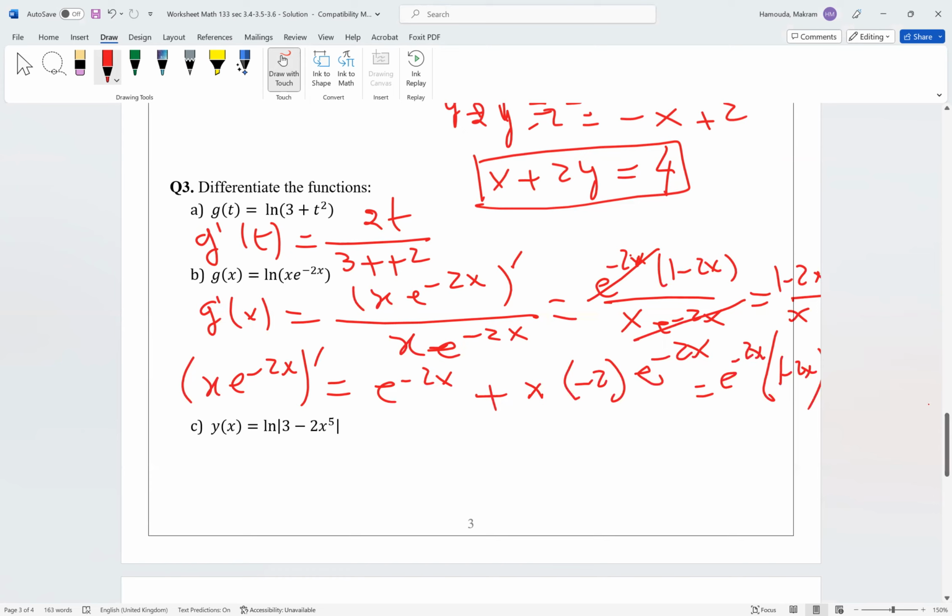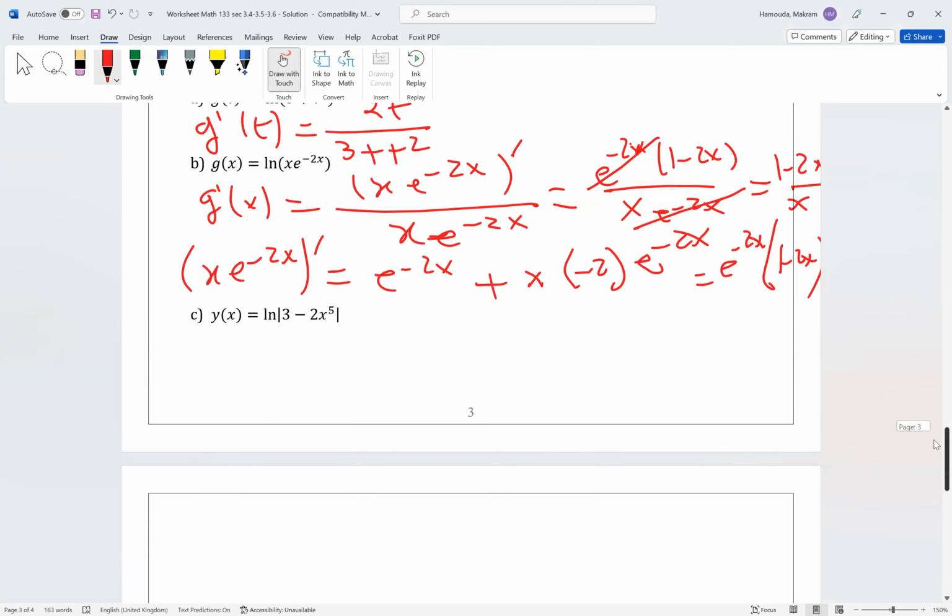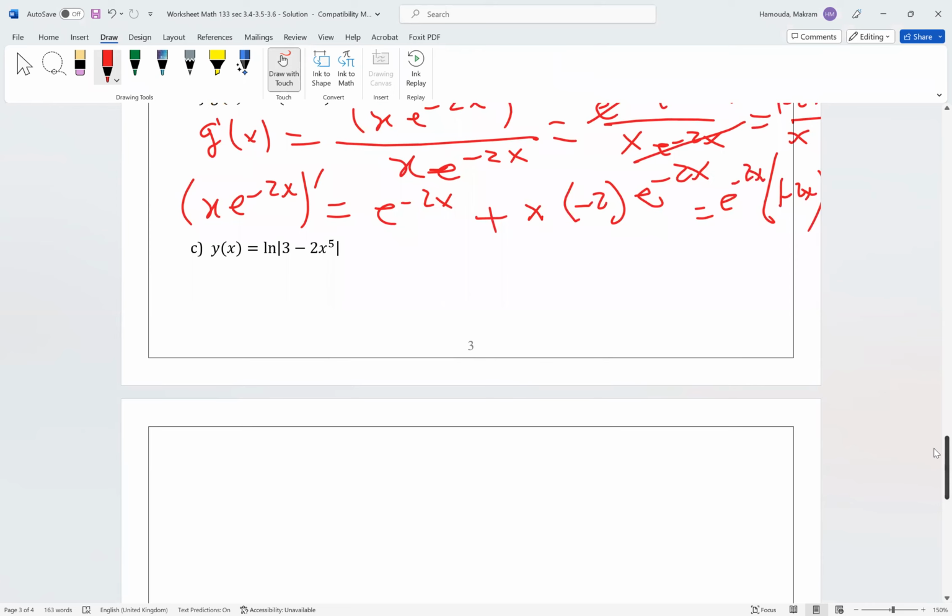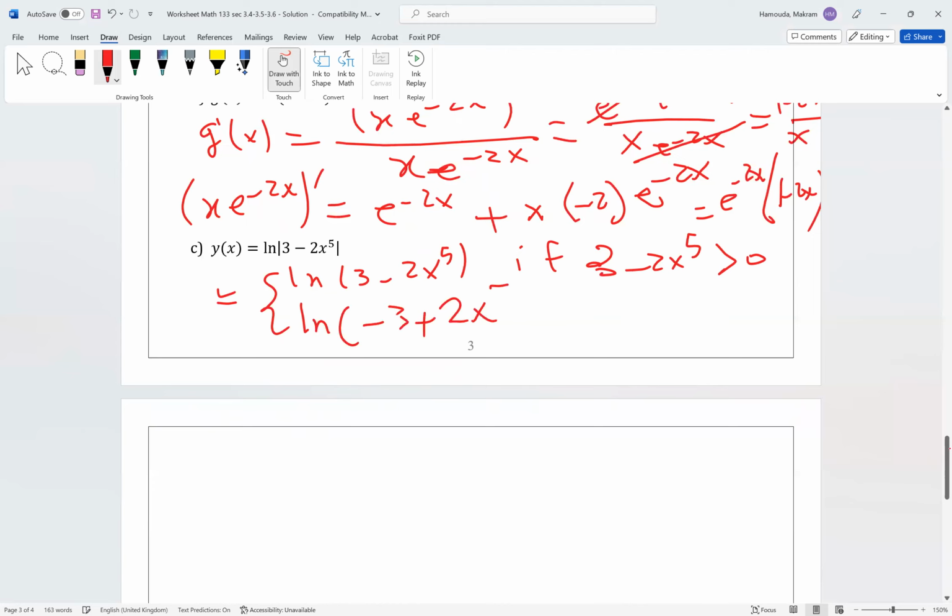Now the last example in question 3 is the absolute value question. So in general, it's equal to ln of 3 minus 2x^5 if this quantity is positive, and not equal to 0 because of the log here, and it is equal to ln of the opposite, minus 3 plus 2x^5, if this quantity is negative.